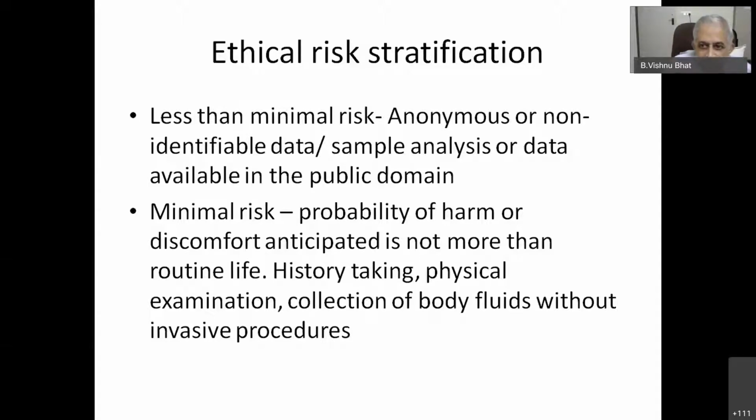If you are doing anonymous data, in the sense even case records with individual details, you cannot study without the individual's consent. It has to be anonymized, in the sense somebody else puts a code number and gives you the data alone, which you can analyze and publish.